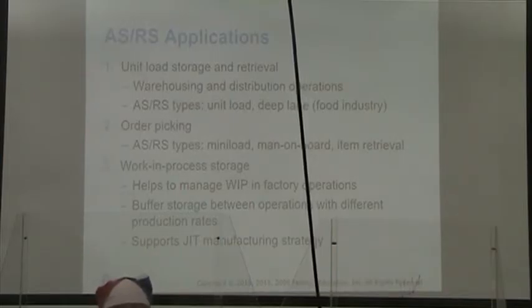If, for example, most of the factory spends 10% of its time building product A, but there's one part of product A where we have to have people dedicated 100% of the time, obviously we're going to have a place to store all that WIP in between operations. Okay, so this can support a just-in-time manufacturing strategy.